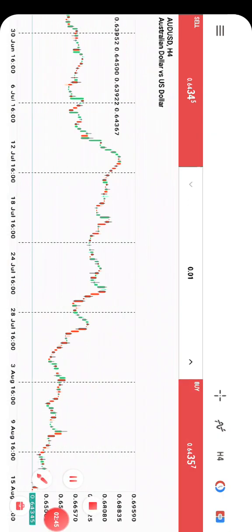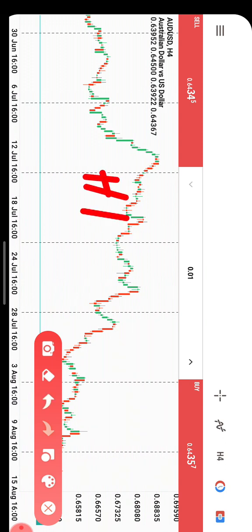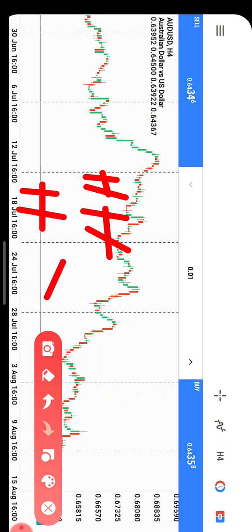For an uptrend, the market keeps doing what we call higher high and higher low. Sorry, that's higher low. HH stands for higher high, and HL for higher low.